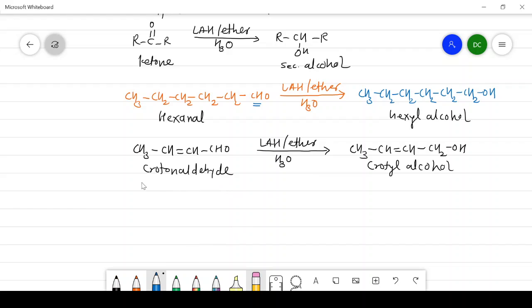Now, we will replace this CH3 group by a phenyl ring, that is a C6H5 group. So I will write here a phenyl ring, then CH double bond CH, CHO. Name is cinnamaldehyde.